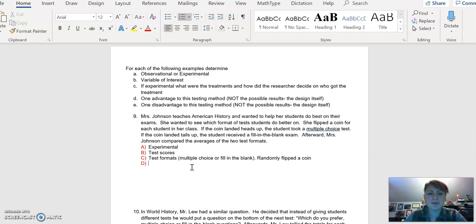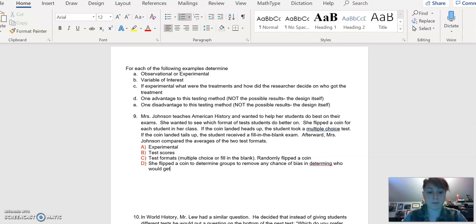So a possible advantage would be she flipped a coin to determine groups to remove any chance of bias in determining who would get each test format. Okay, so again, notice that I'm not saying an advantage is multiple choice is better. An advantage is that she removed bias by flipping a coin.